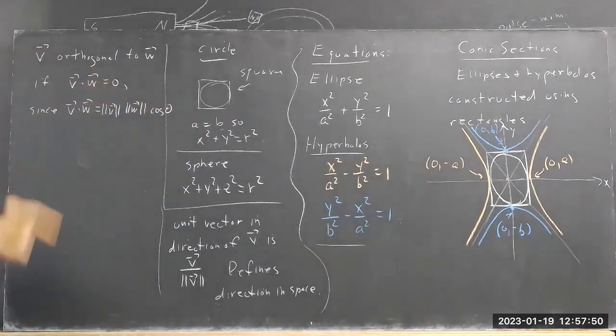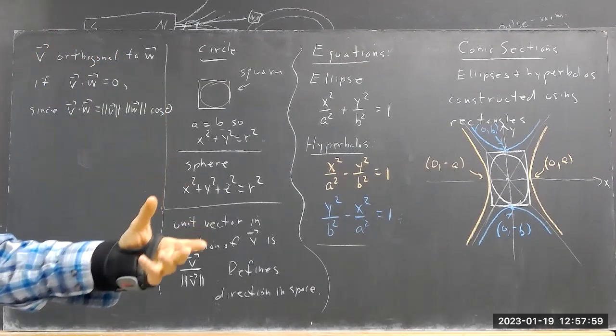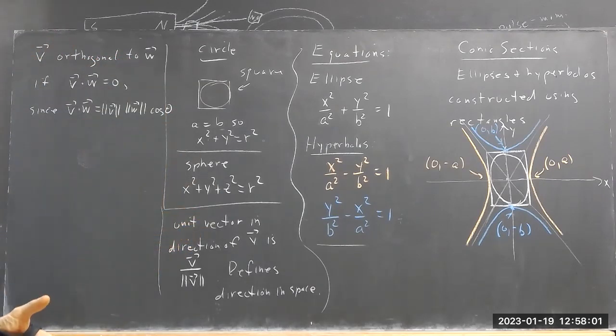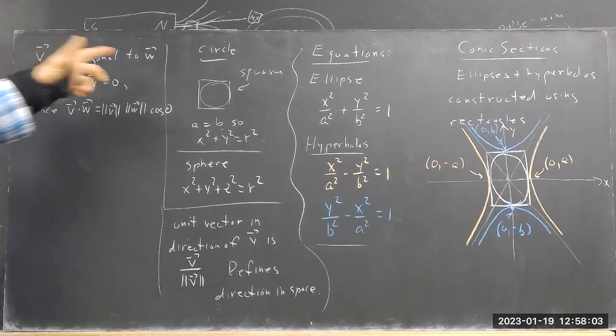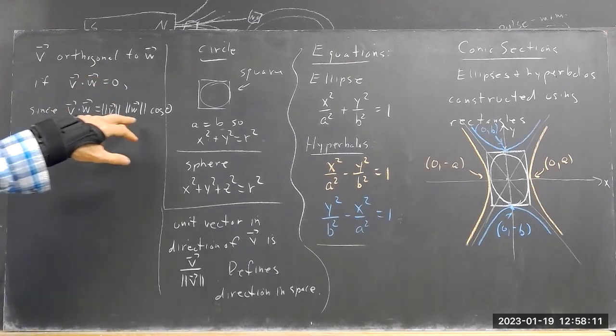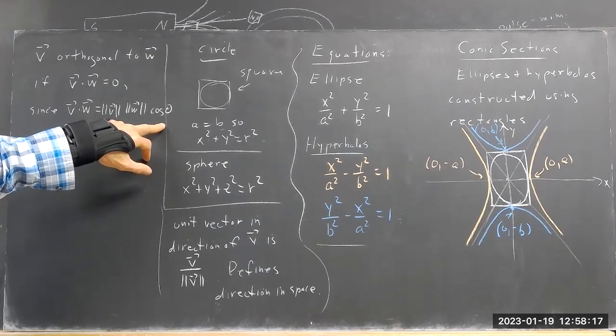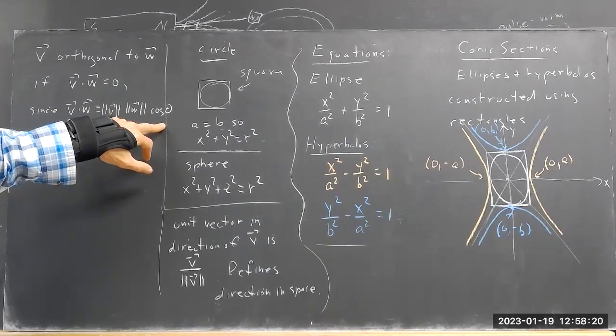Okay, v is orthogonal to w if v dot w equals 0, and also neither one of these can be the zero vector. So non-zero vectors are orthogonal if and only if the dot product is 0. Because the dot product is equal to the product of the magnitudes times the cosine of theta, and if neither vector is 0, that product isn't 0, which means cosine of theta is 0.